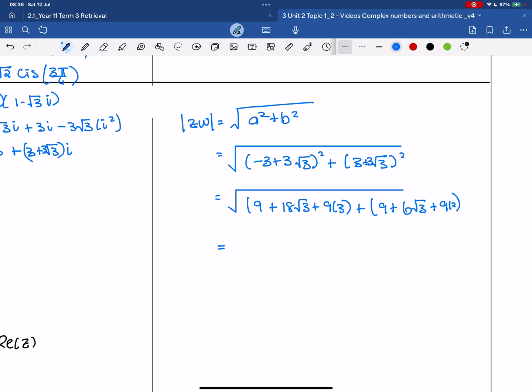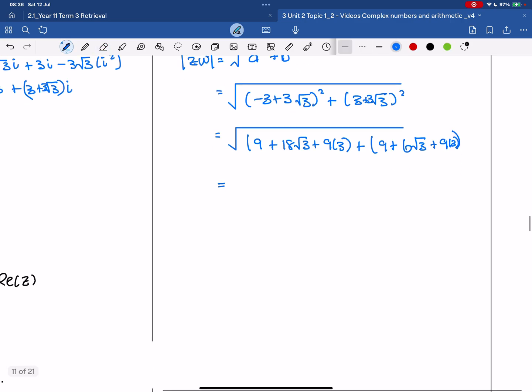So we've got 9 times 3. And that gives me the square root of, this should be a negative. See what I mean? It's very easy to make mistakes. 72, and that simplifies down to 6 root 2.